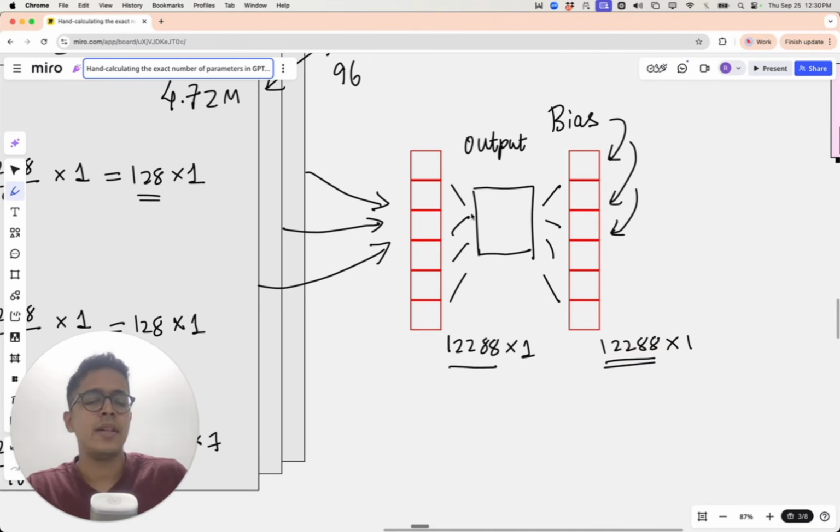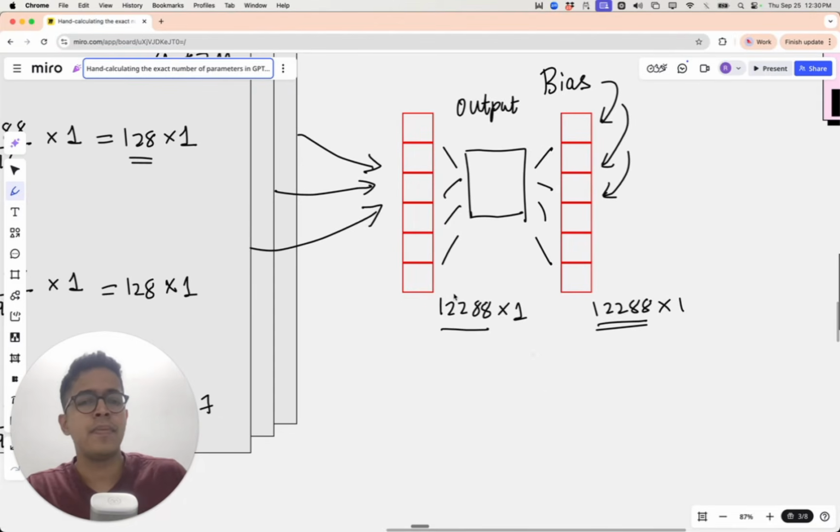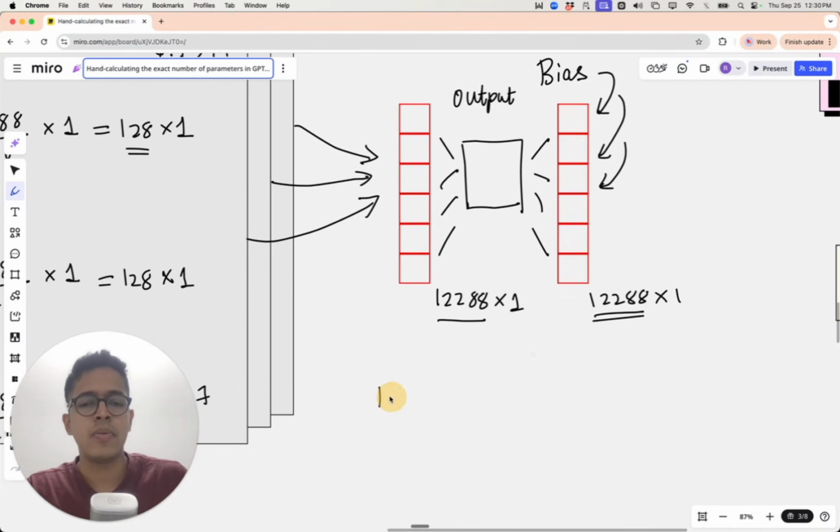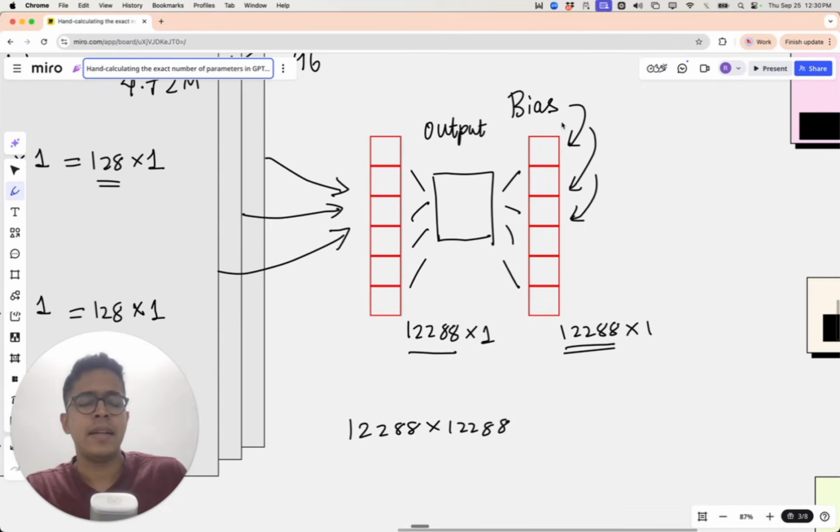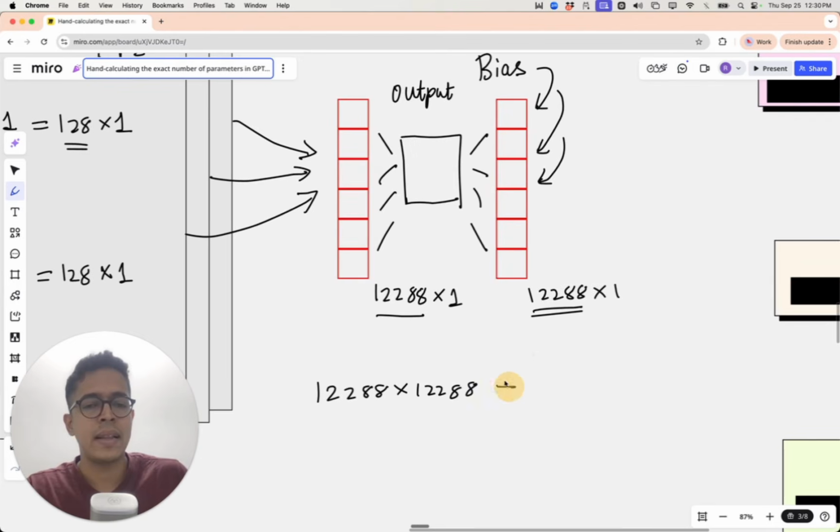So which means the transformation that you are doing is through a matrix whose number of parameters is 12288 multiplied by 12288. You can imagine it to be like a simple neural network with fully connected connections. But then there could be bias parameters that are added at the nodes in the output. So there are 12288 nodes. So you can add that also here.